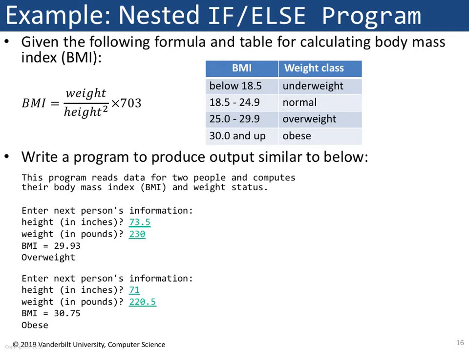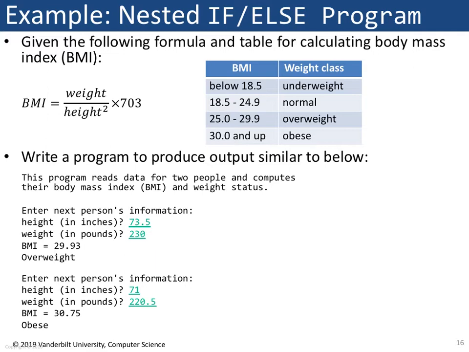It prompts for user information, the height, and then the user typed in 73.5, the weight, user typed in 230 pounds. The program calculated and displayed the BMI, which was 29.93, and then the person was classified as overweight based on their BMI and the table in the upper right-hand corner.